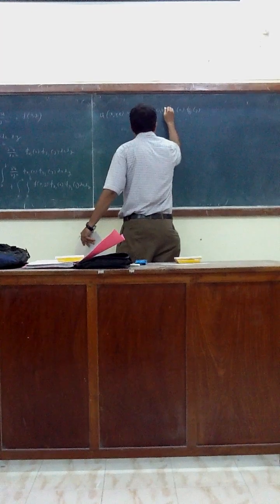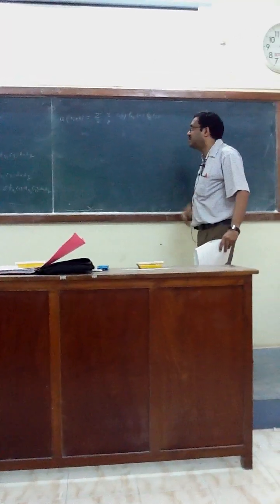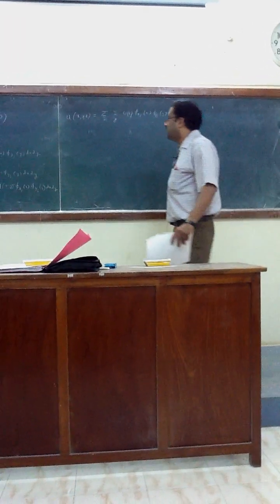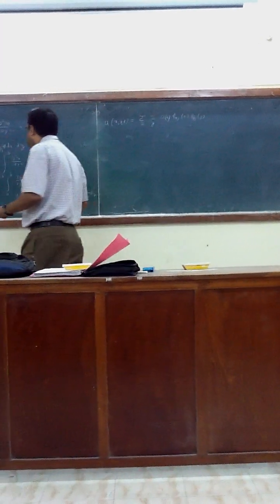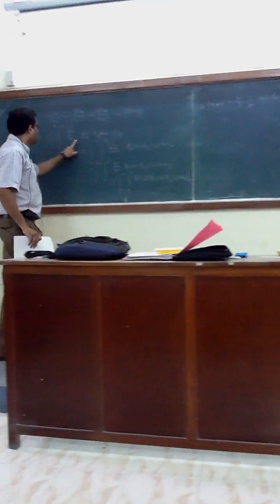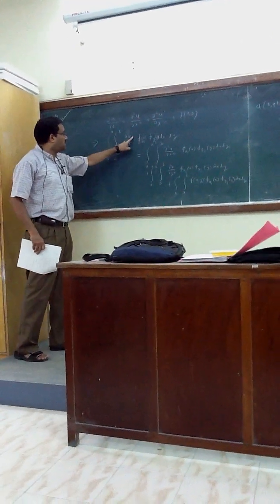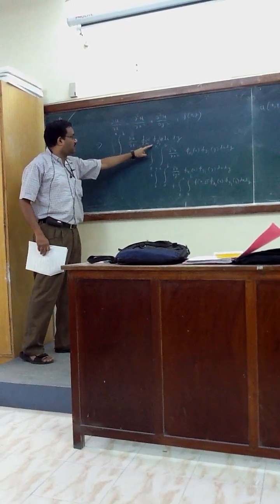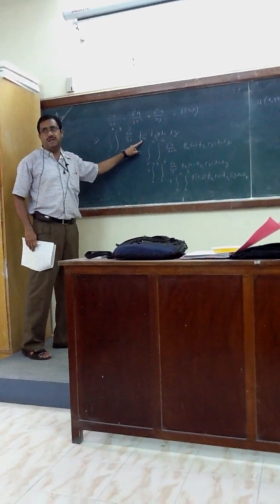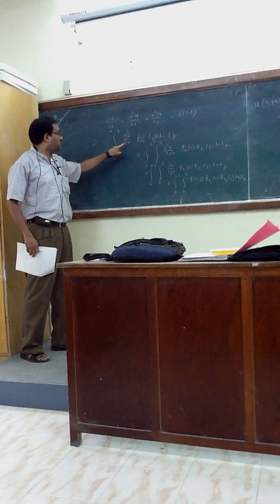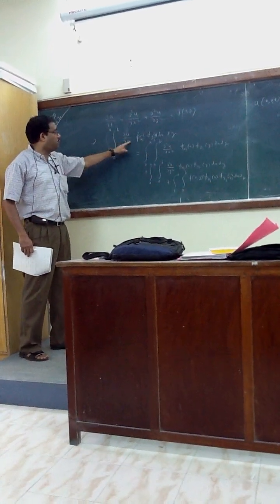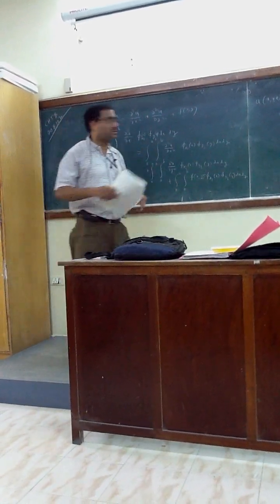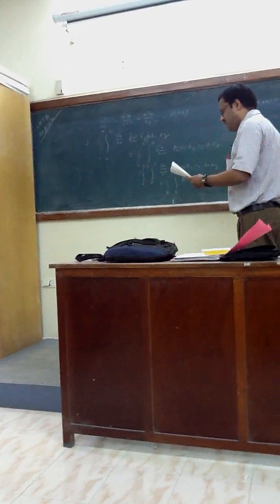So this must be a function of t. This u is a function of t. These are functions of x and y only, so there is no t dependency. So you can write it as dou by dou t of u, phi xi, phi yj, dx dy, just like the same thing you have done earlier.